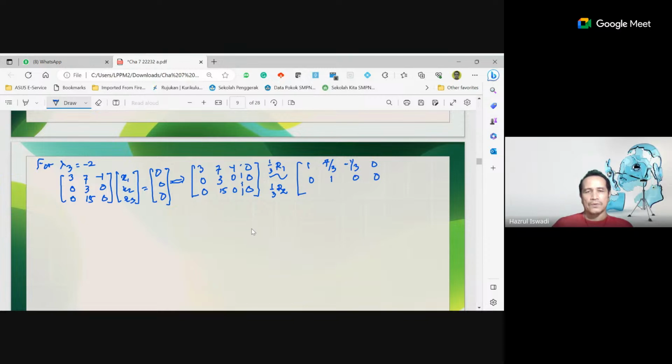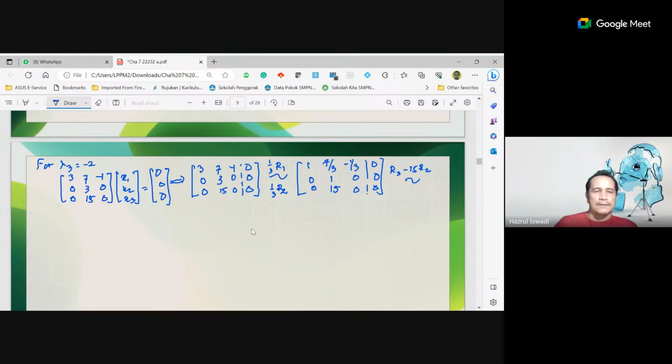And then row 3 minus 15 row 2 to make row 3 zero. The result is 1, 7 over 3, minus 1 over 3, 0, 0, 1, 0, 0, and 0, 0, 0, 0. So the third row is 0.